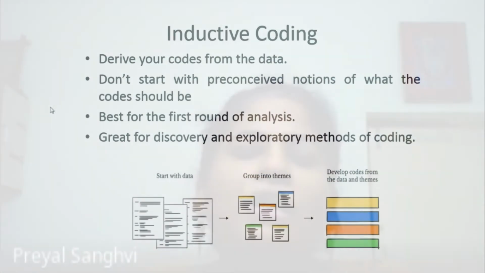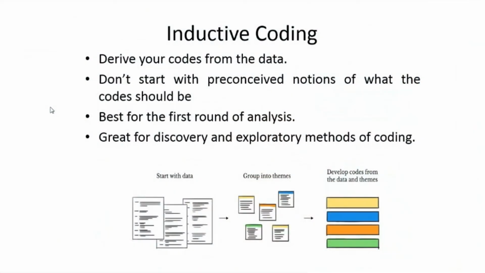Basically, there are two types of coding method. The first one is the inductive coding method and the second one is the deductive coding method. If we talk about inductive coding, first we derive codes from the data.